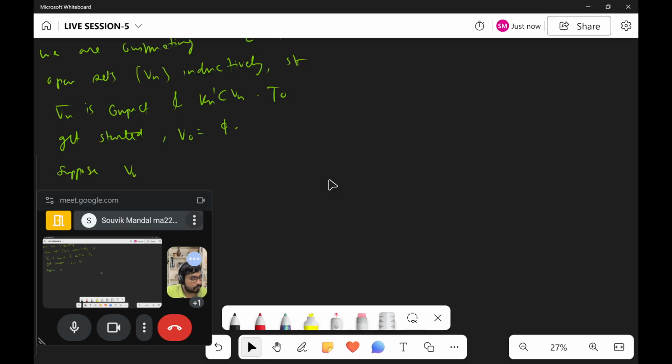And suppose Vn minus 1 is already constructed. Now, since Kn prime union the closure of Vn minus 1 is compact, there exist points x1, x2, ..., xr such that Kn prime union the closure of Vn minus 1 is a subset of Ux1 union ... union Uxr.